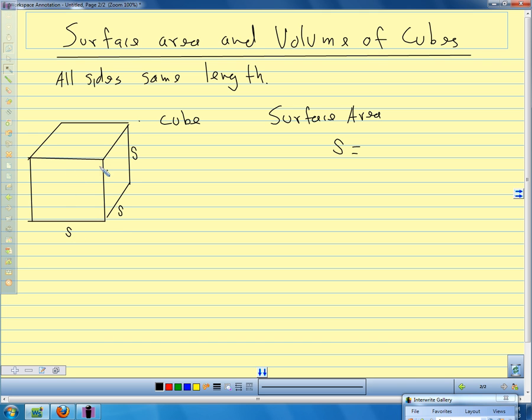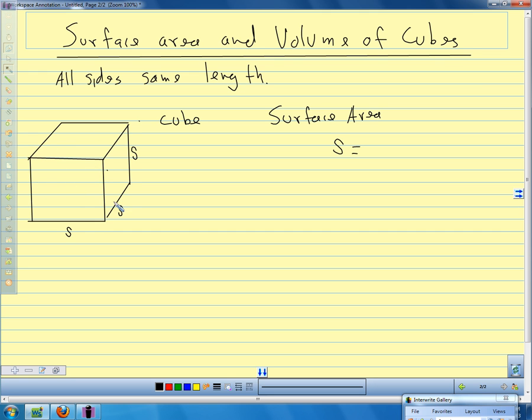If this square is S units by S units, what's going to be its area? Our base is S, and our height is S, so we multiply S times S, which is S squared. So the area of one of these squares is S squared.